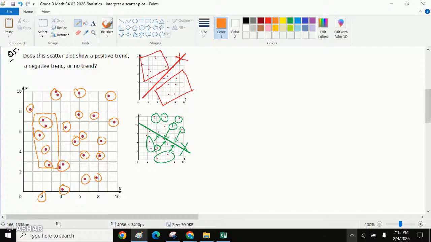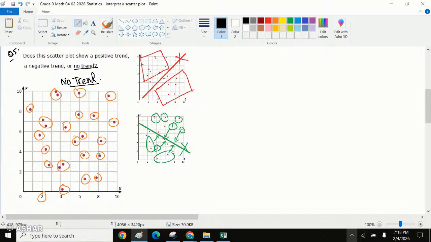So which exactly is the answer at x = 2? Is this the answer, this, or this? We do not have specific answers for specific values of x, right? So we say there is no trend.